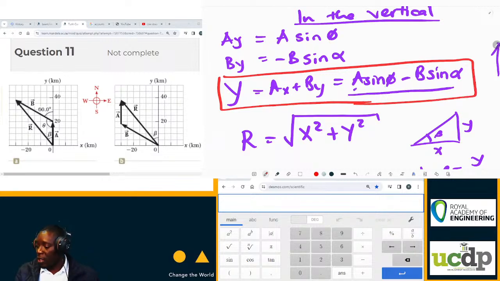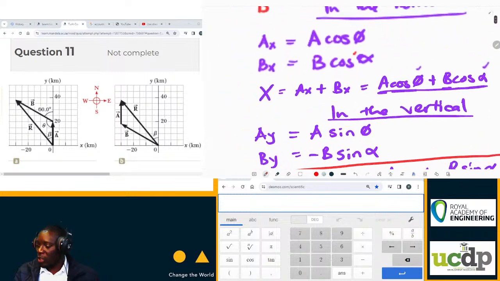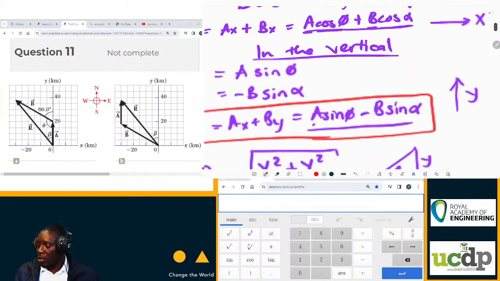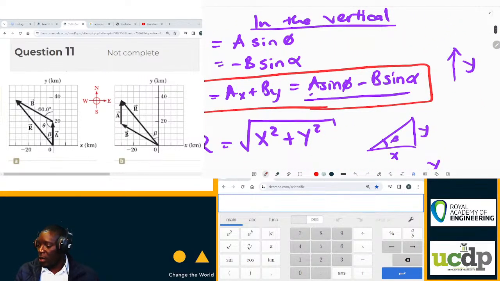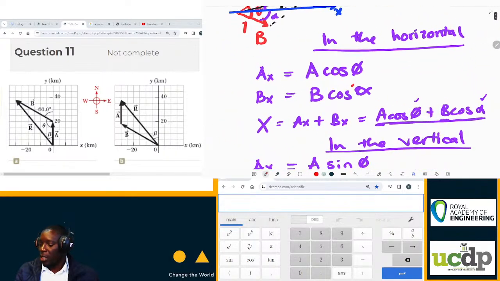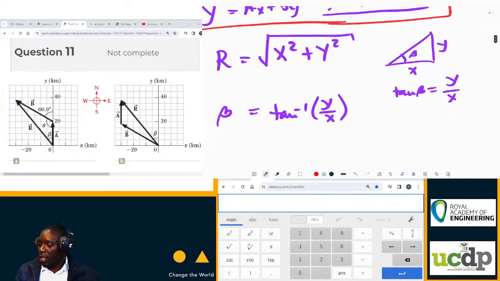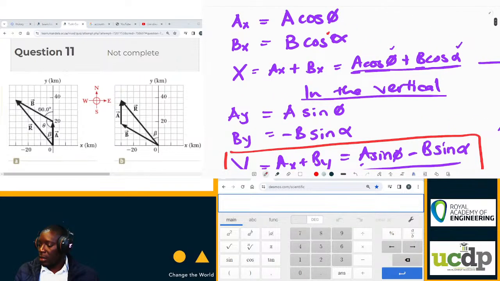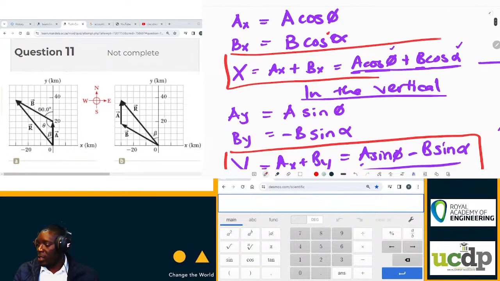given the magnitude of A, which was 2, and the magnitude of B, which we said is 1, then knowing the angles phi and alpha, the angles that each vector is making with the horizontal, we can find x and we can find y.